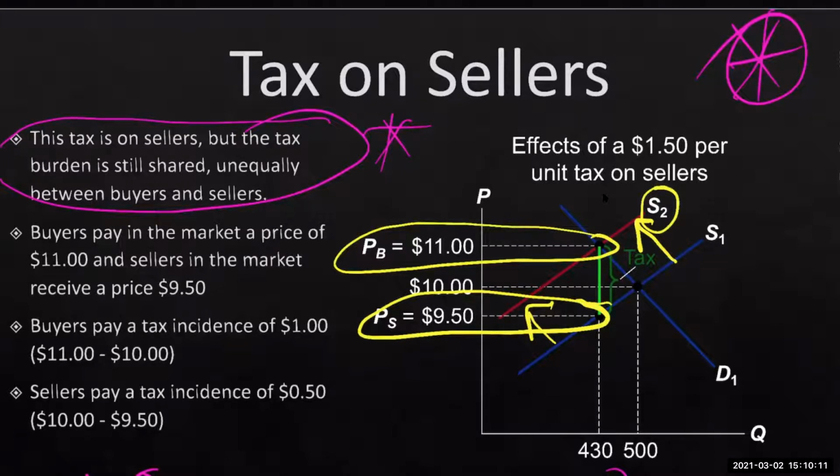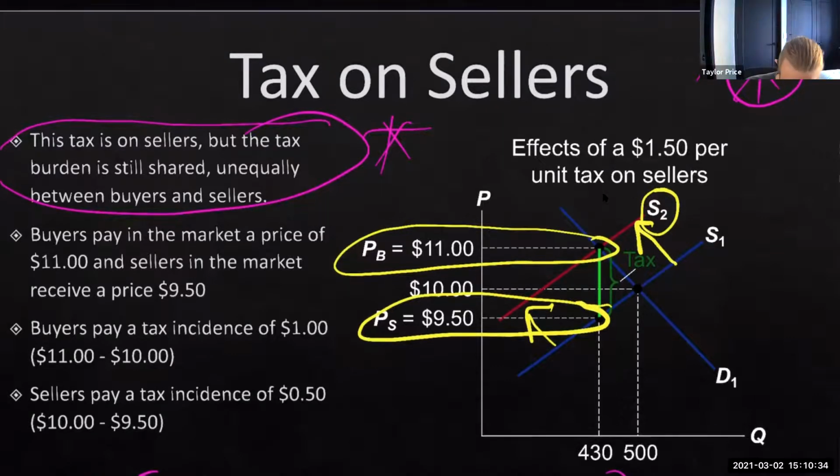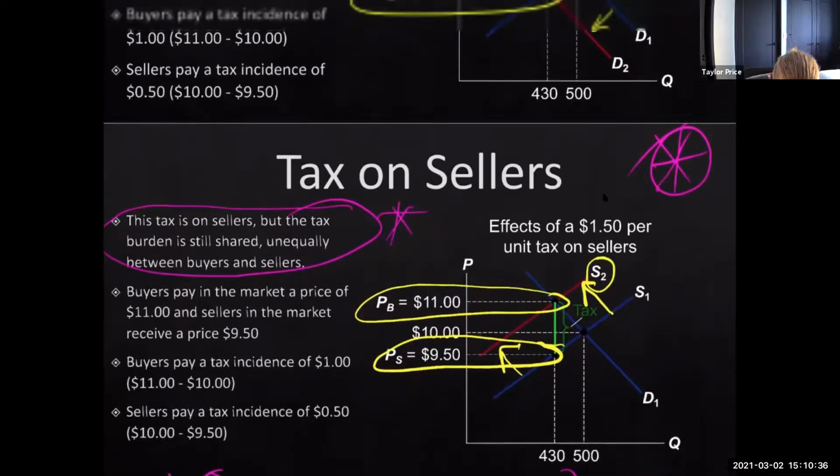I also noticed how the way you explained it before, the buyers pay $1 and the sellers pay 50 cents. Okay, got it. So it's the same explanation, just that we switched to a different line. Exactly. Yeah. Let me zoom out here so you can see.